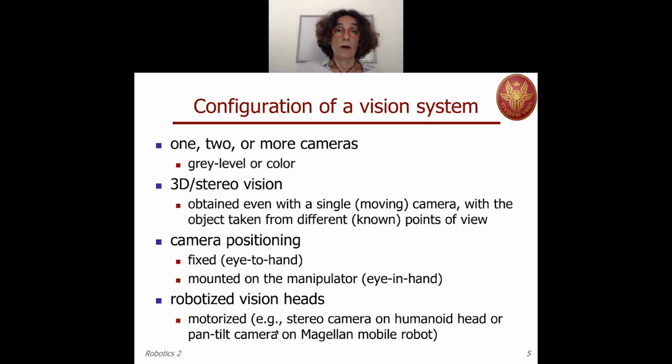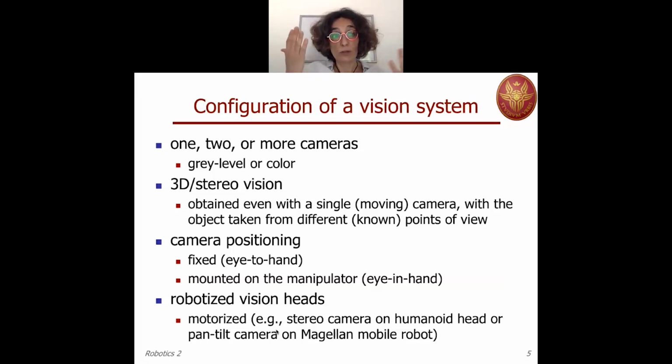Okay, so once again, remember that what we will do today will be to link the motion of some features on the image to the motion of the manipulator. To do this, as said, first of all we need to find out these features, so elaborate the image, process the image information.